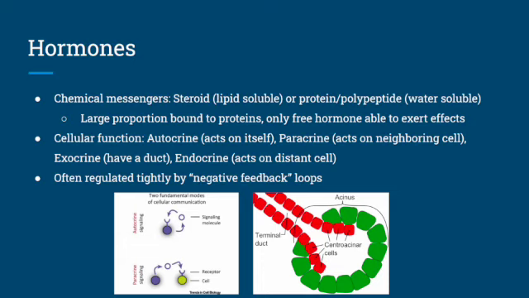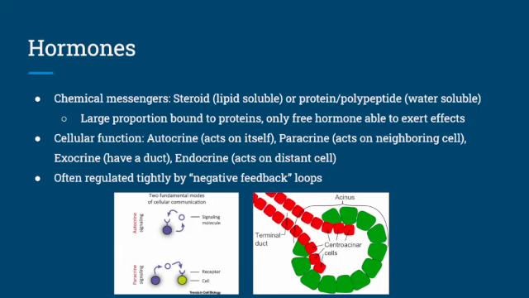For some vocabulary here, autocrine means that it's going to act on itself. In the picture on the left, you can see that the cell produces a signaling molecule that then interacts with the receptor on the same cell. And then you have paracrine, which is the left picture on the bottom, where a cell creates a signaling molecule, which then goes to a neighboring cell and interacts with that neighboring cell's receptor. And then you have exocrine functions in the body as well.